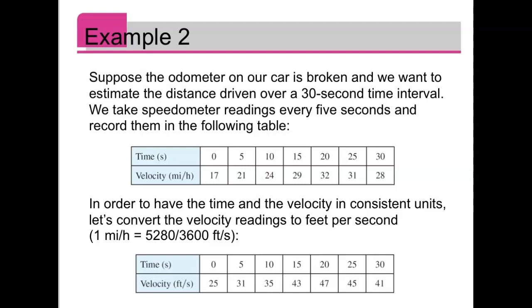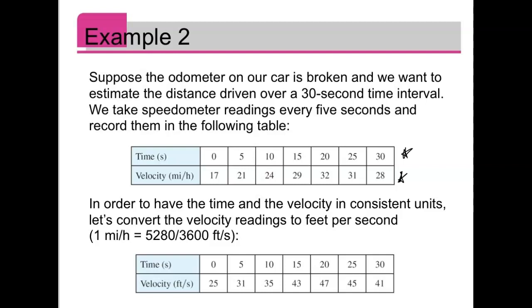Suppose that the odometer on our car is broken and we want to estimate the distance driven over a 30-second time interval, and we take speedometer readings every 5 seconds and record them in the following table. Seems extremely inefficient. All right, but here we're given time in seconds and velocity in miles per hour.